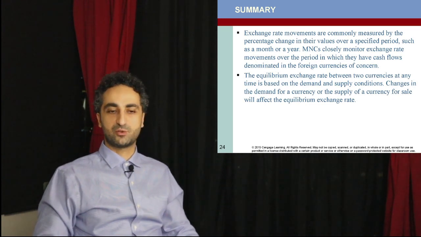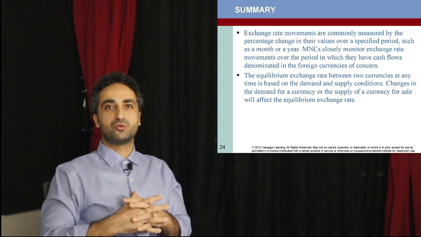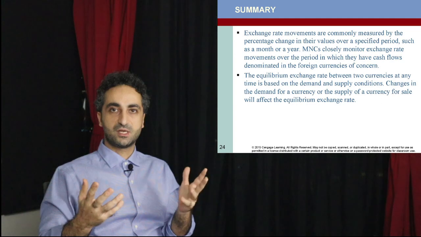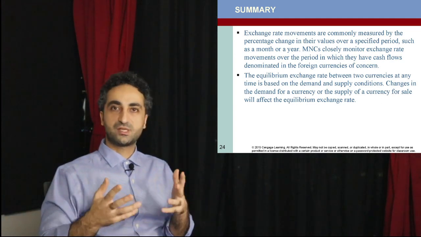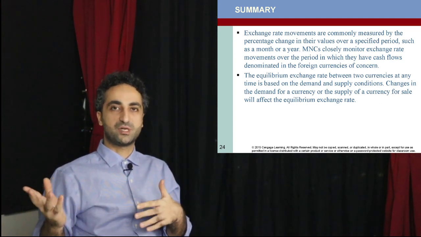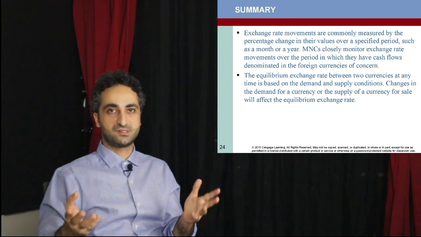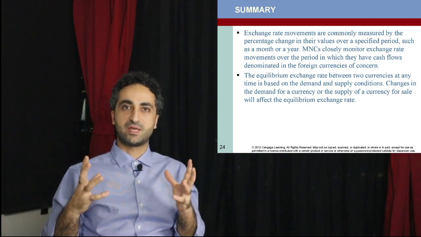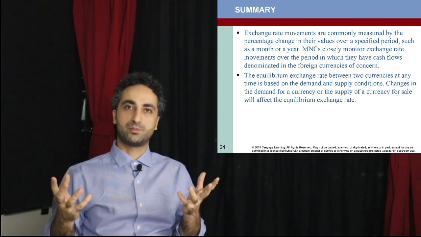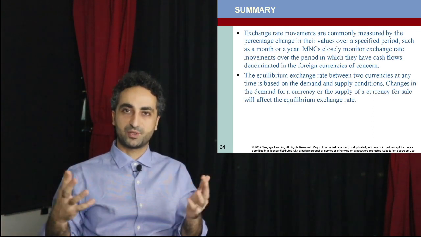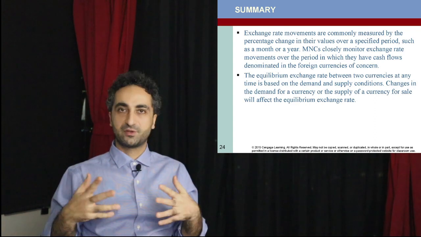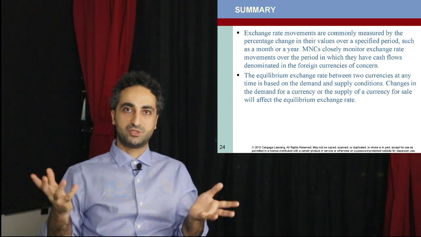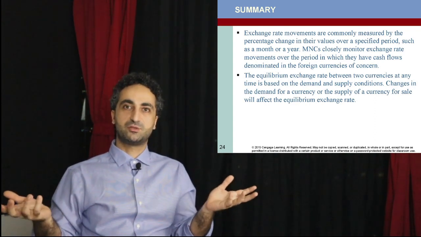MNCs closely monitor exchange rates. So now let's go back to MNCs. Why are we discussing this? Because nowadays McDonald's from the US operates all over the world, Starbucks the same, BMW, so we have MNCs, multinational companies. These companies operate everywhere, so when all the currencies in the world change, it matters to them.